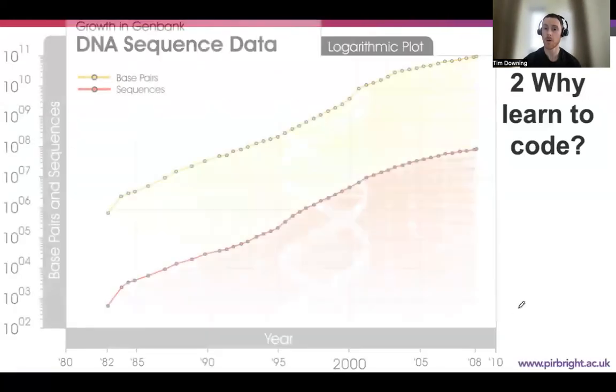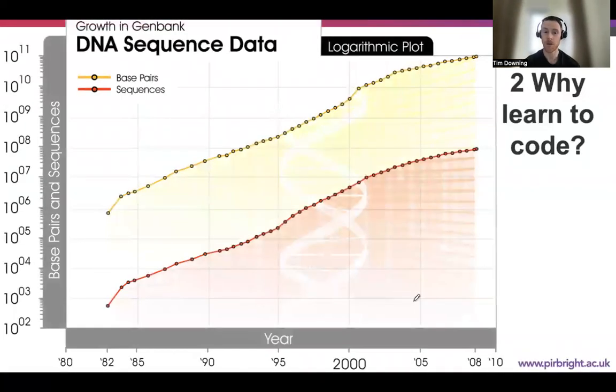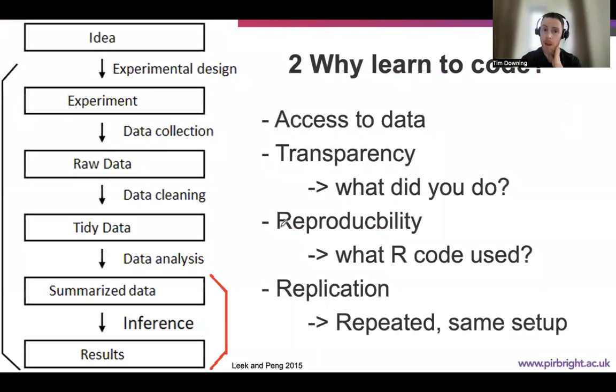So why learn to code? If you go further back, you can see that this rate of exponential increase was present even well before bioinformatics was formalized as a proper research area. It can be a key part of our experimental analysis. And if we think about this in the same way that we have to design other experiments, we should think about a design for our experiments that links to code.